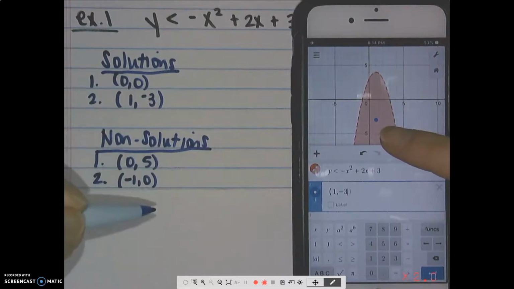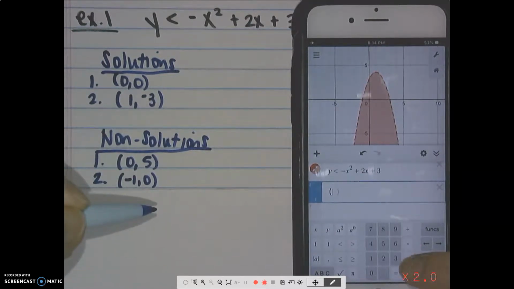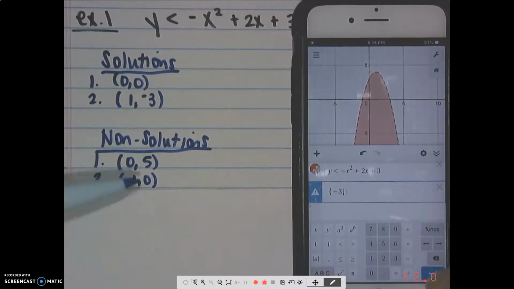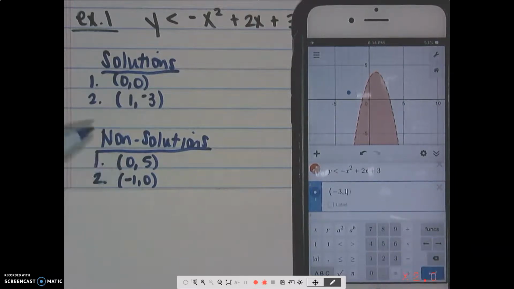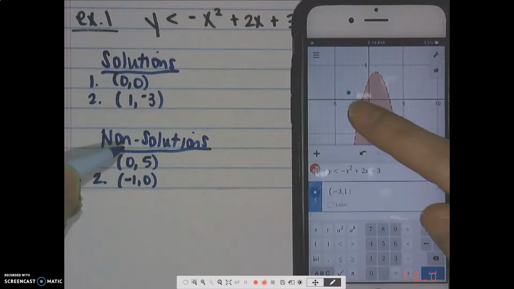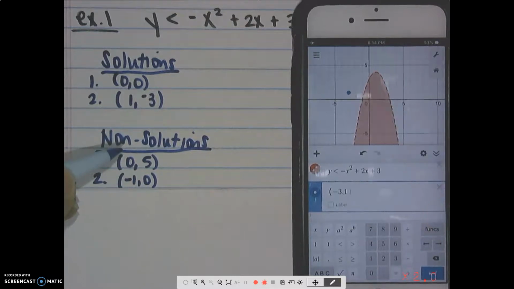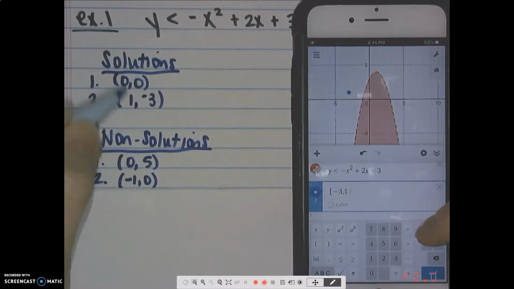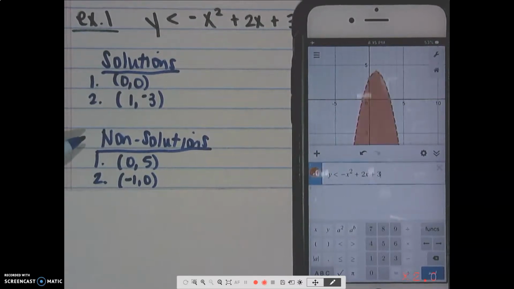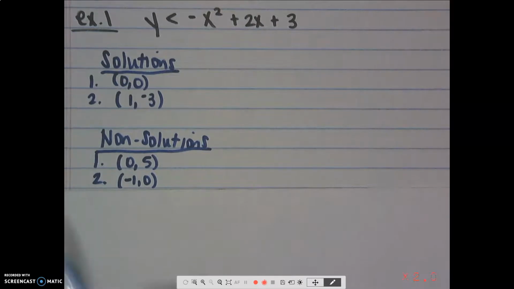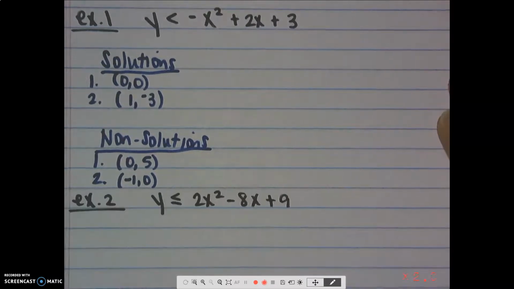That actually is in the shaded area. But if I accidentally went in the y direction before the x direction, if I switch the order of those, that isn't in the solution area. So that's a way you can check all of yours to make sure, yes or no, are they solutions. Okay, so let's go on to another one here.